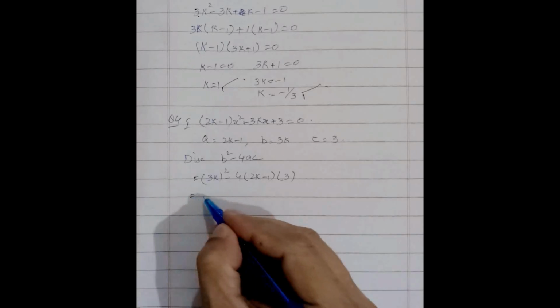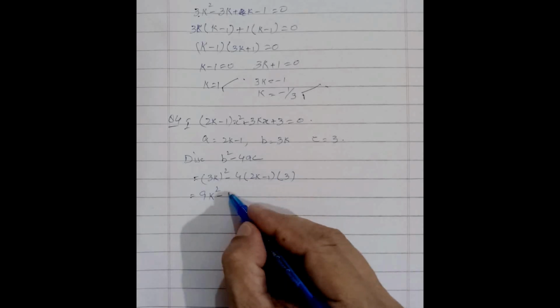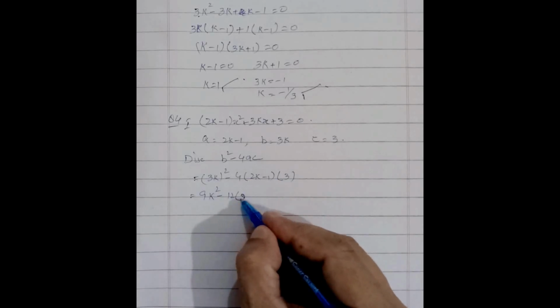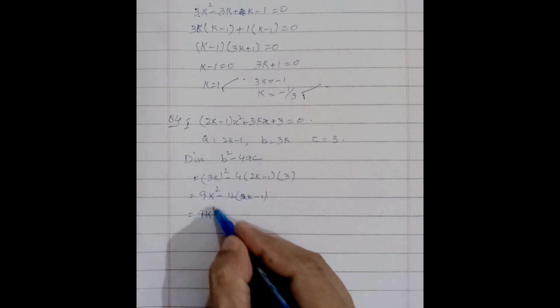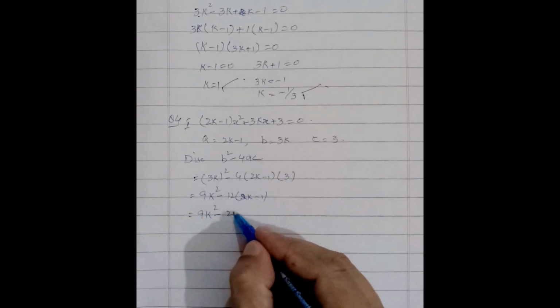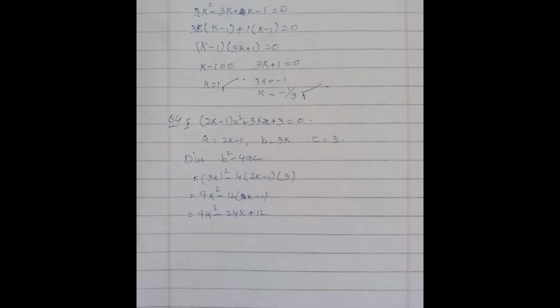Simplify these values, we get 9k square minus 4 threes are 12 into (2k minus 1), 9k square minus 24k plus 12. And because the roots are equal, the discriminant is equal to 0.